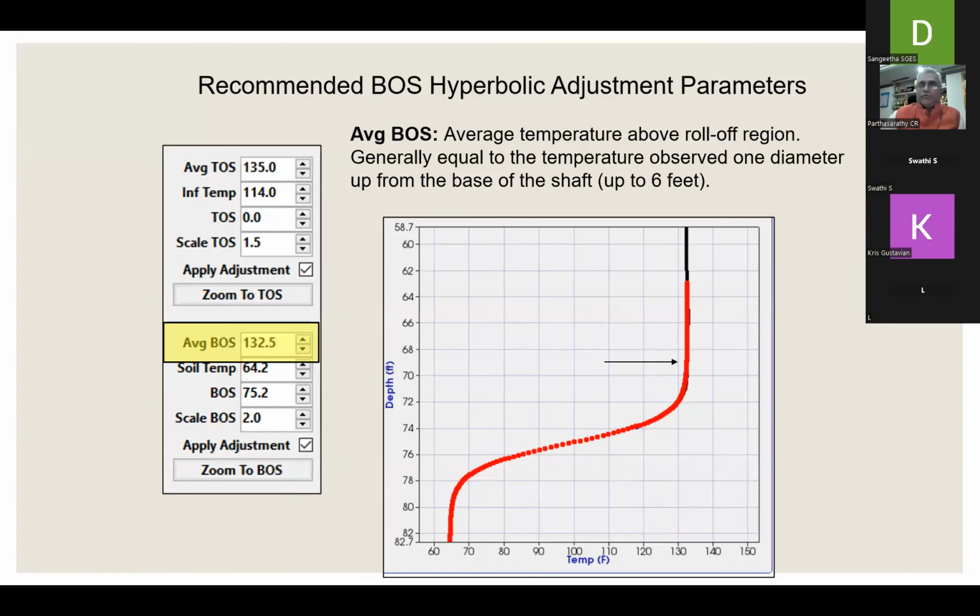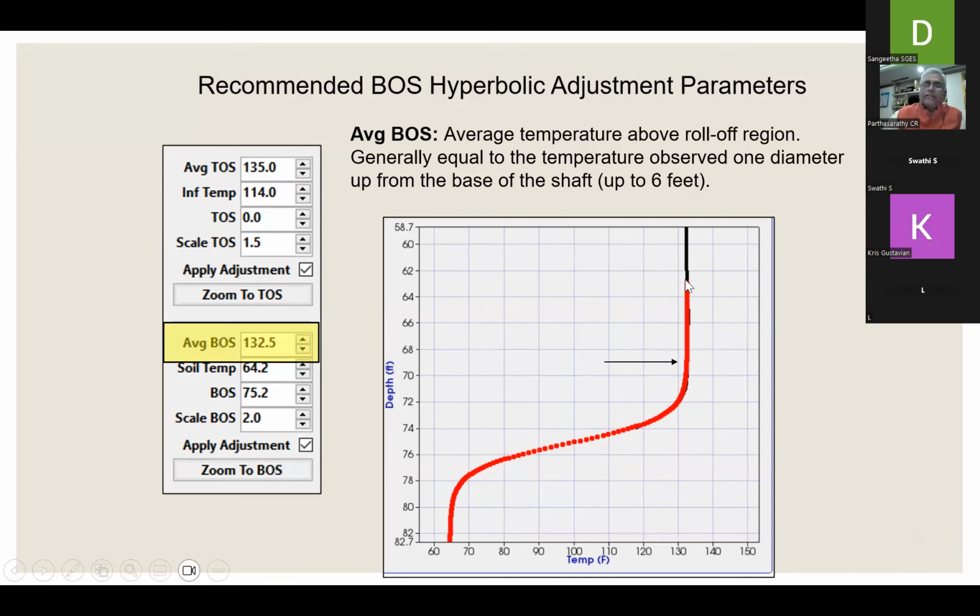Now in the top one diameter and the bottom one diameter, you have the roll off. So we need to make adjustments to determine the bottom of the shaft. And this is geometrically a hyperbola.